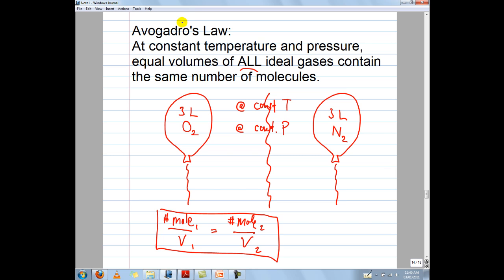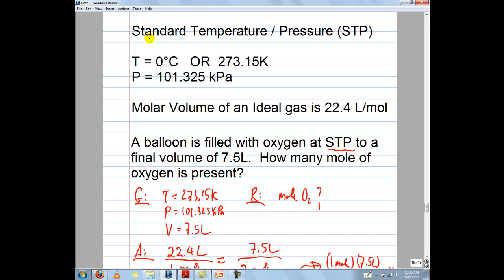Then we looked at Avogadro's law, which allowed us to relate volume to moles as long as the temperature and pressure remain constant. Then we looked at the idea of standard temperature and pressure, STP. Anytime you see this acronym STP, you automatically know what the temperature is and what the pressure is. And then again, the magic number 22.4 liters per mole, which is the molar volume of any ideal gas at STP.